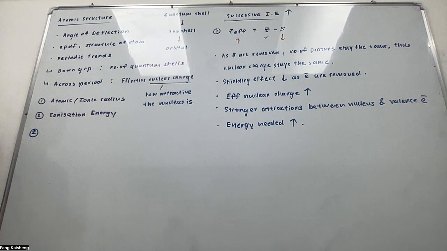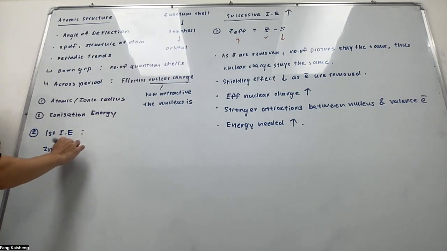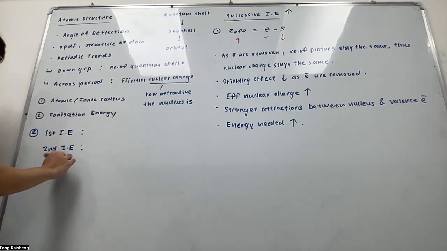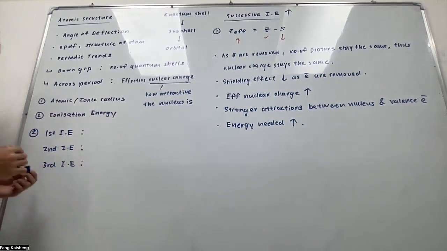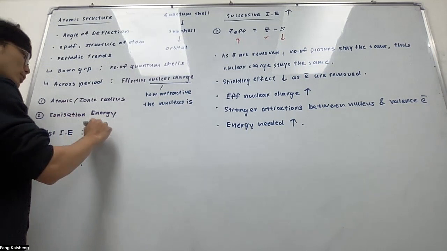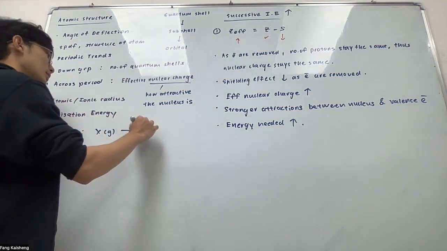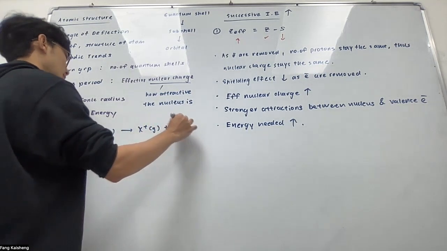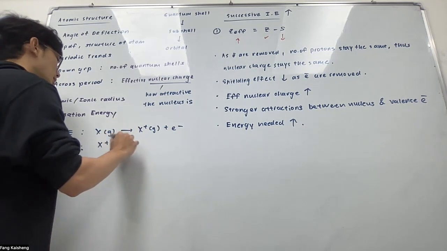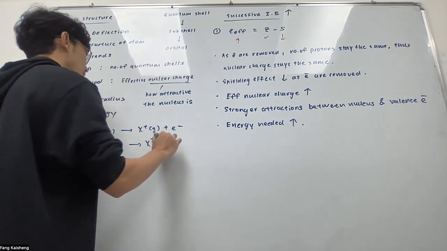Guys, if I were to ask you to write down the three equations, you can probably see a trend. Give me your first, second, and third ionization energies. So X to X plus, plus to 2 plus. You should know all these equations by now.